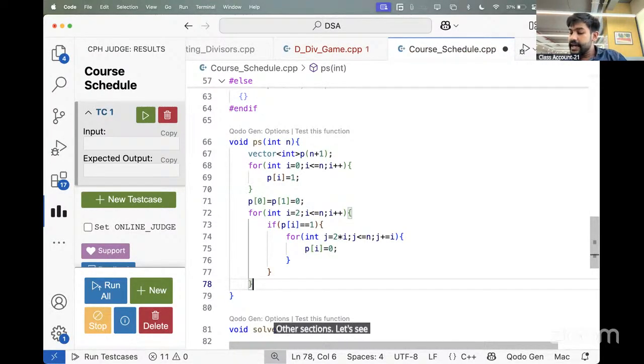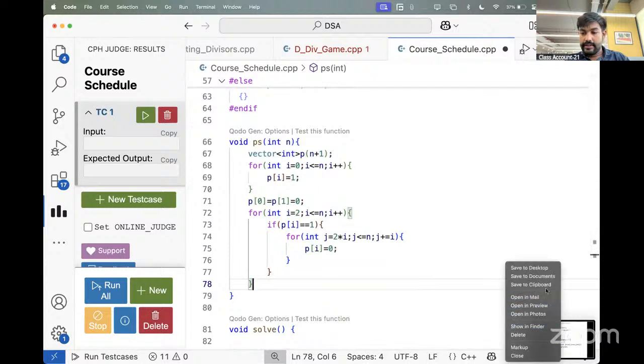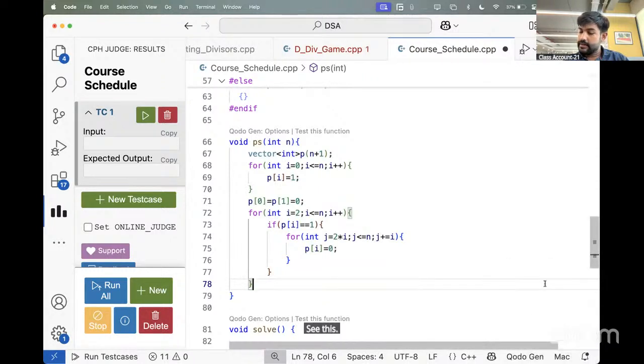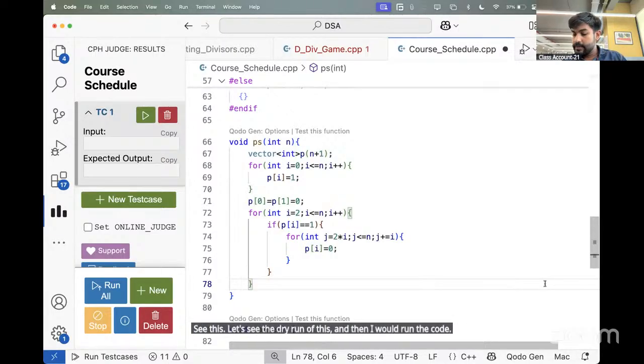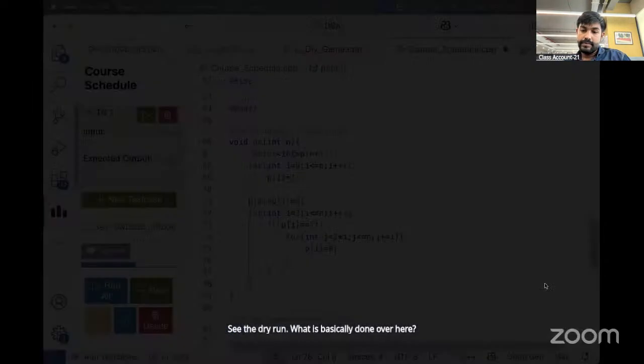Let's see this in action. What is basically happening? Let's see the dry run of this, and then I would run the code. Understand this.